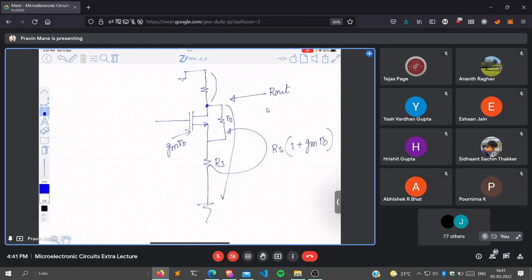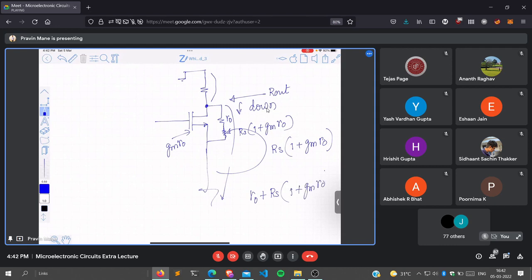This is a way to remember it; the transformation rule is really not applicable here. So this is removed and becomes 0, and this is RS into 1 plus GMRO. So what is Rout now? RO plus RS into 1 plus GMRO. Understood? Yes, sir. Thank you.